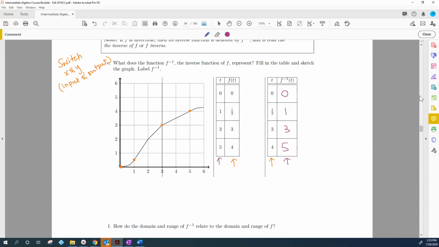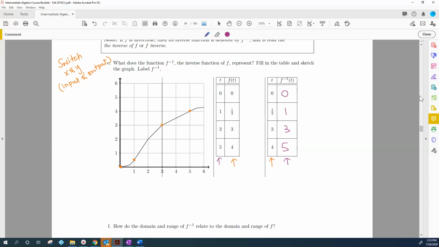Okay? And then what I want you to do is graph this. I'm going to give you a couple minutes because I want you to graph this in your notes. You only need to go out 6 in each direction. First graph what we have for our f of t.